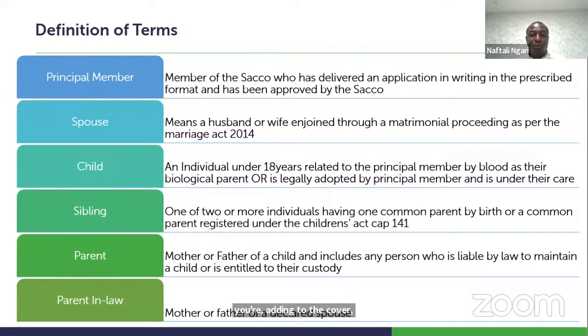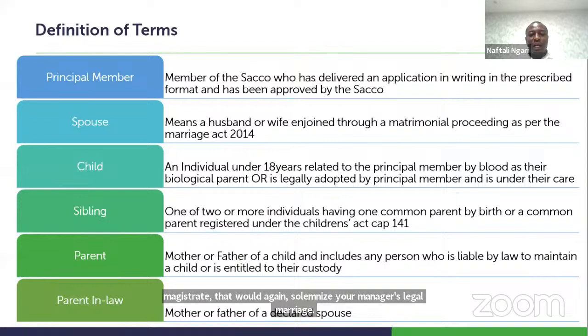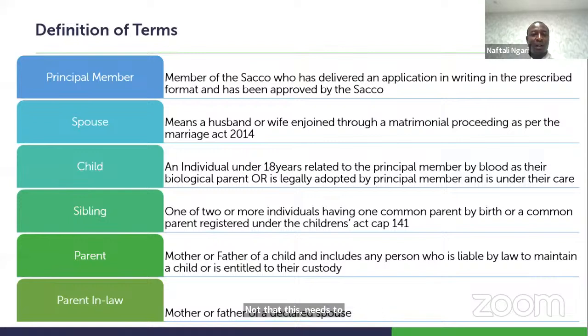Normally, if you've not solemnized your marriage legally, you would be required to get an affidavit from a magistrate that would again solemnize your marriage as a legal marriage. Note that this needs to be done before making any claim or before a claim occurs.